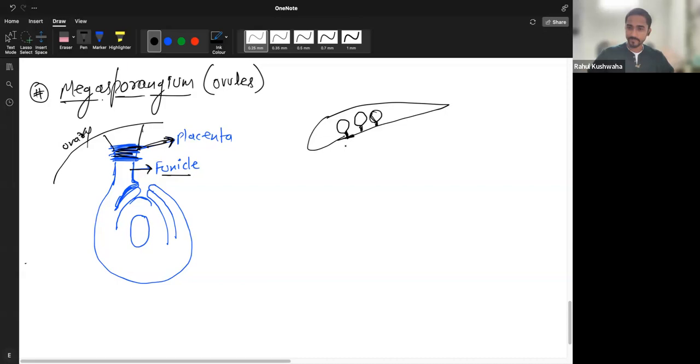So this wall that you're opening, the pod, is basically the ovarian wall. And inside it, what you are taking out is a ripened ovule, a developed ovule, which has become seed. And what you are leaving behind is the placenta and the funicle. Okay. So placenta, funicle, and the junction where it is fused with the body of the ovule is called hilum.